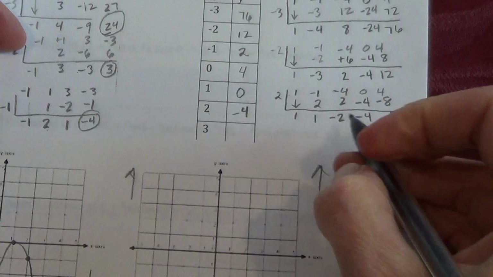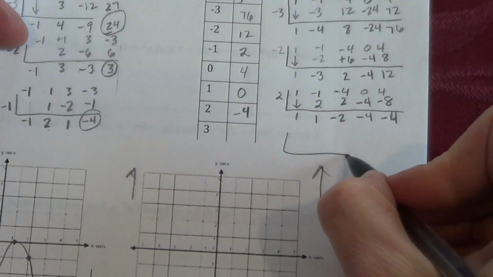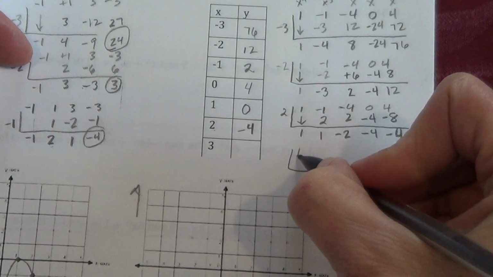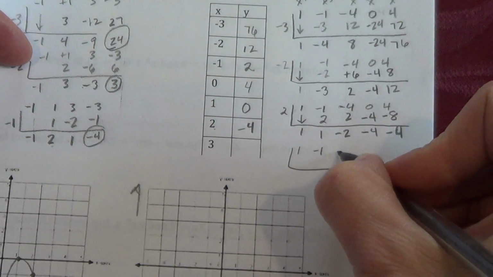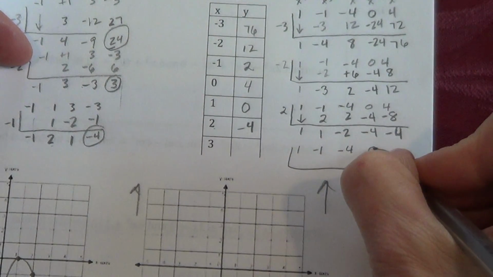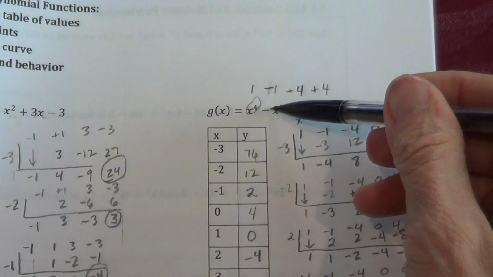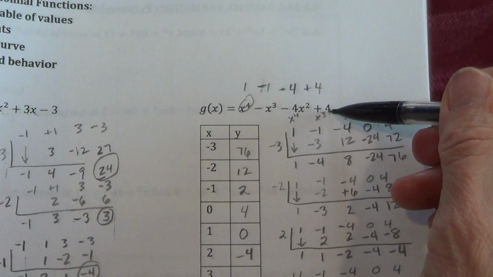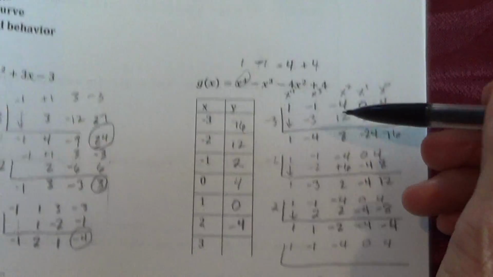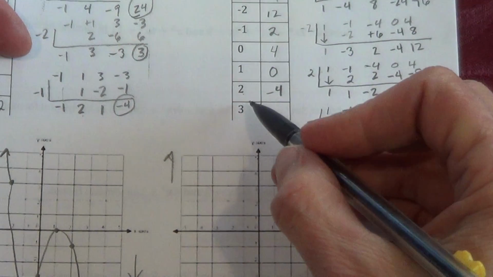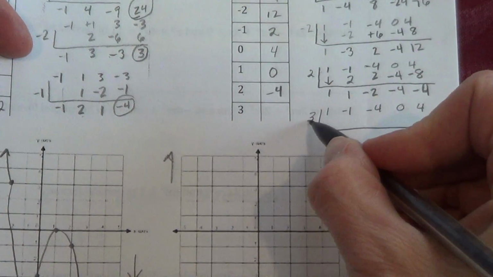Our last one, a 3 there. Bring down our coefficients again. 1, -1, -4, 0, and 4. Again, we get those from these numbers in front of the terms up here. Because we don't have an x to the first value, that's why we have to put the 0 in there. Now, we want to evaluate for when it's 3.